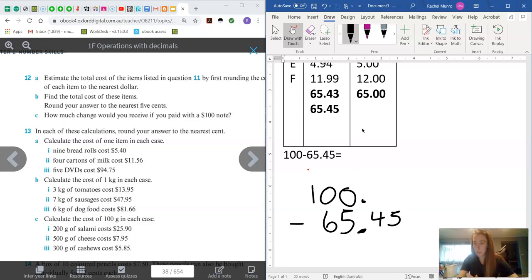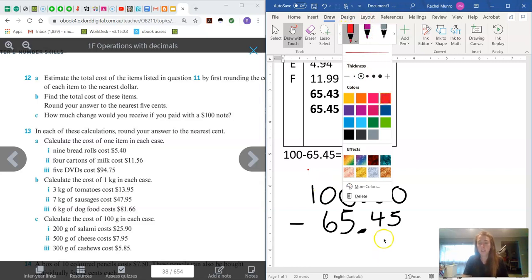Now, at this point, some of you might be freaking out and going, Miss Monroe, there is nothing in this top row here. What am I going to take 45 away from? Okay, invisible maths again. You need to draw in the placeholders. Well, not pretend, because they're there, but draw in those zeros to hold that place.